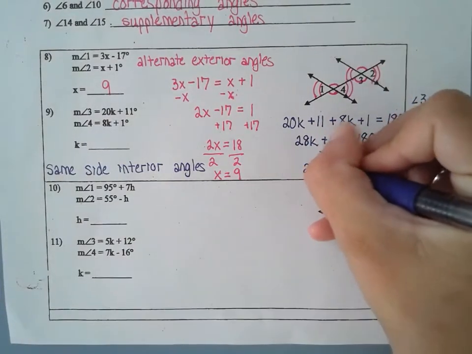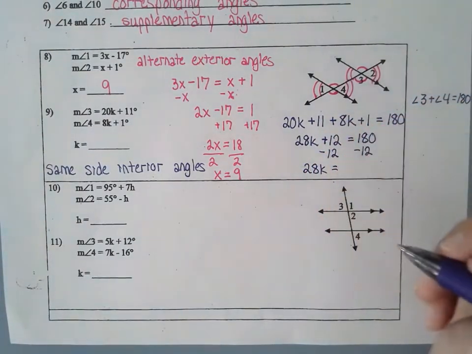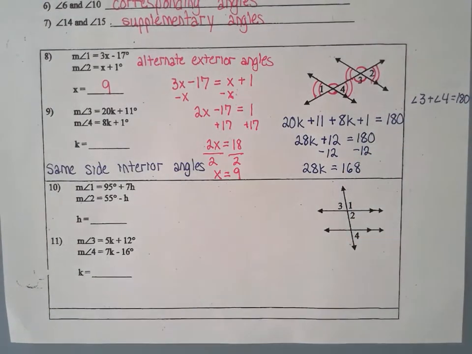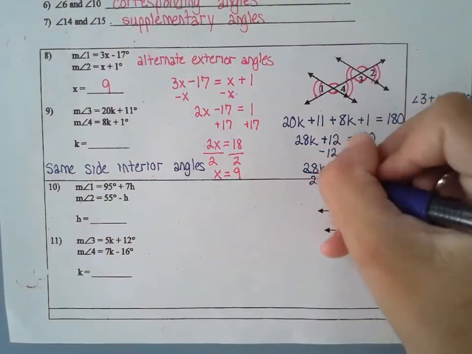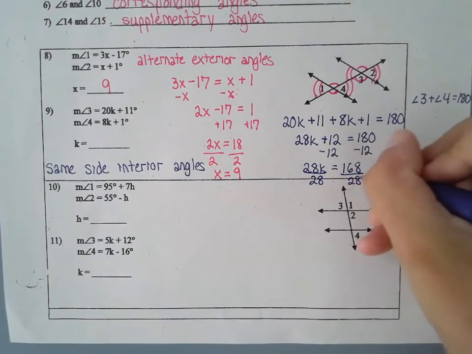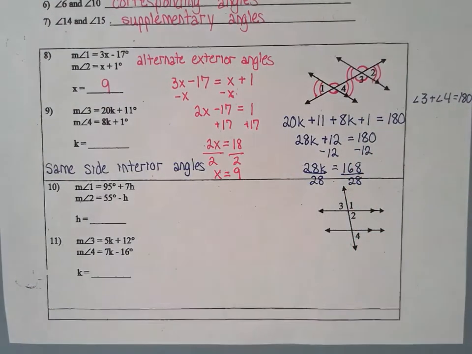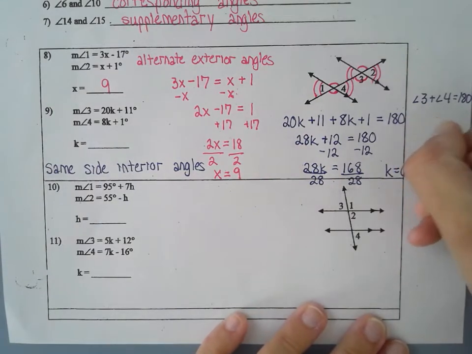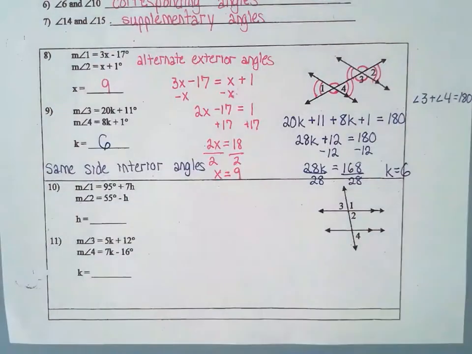So 28k equals 168. And then I'm going to divide each side by 28. So 168 divided by 28 is 6. So k equals 6 here.